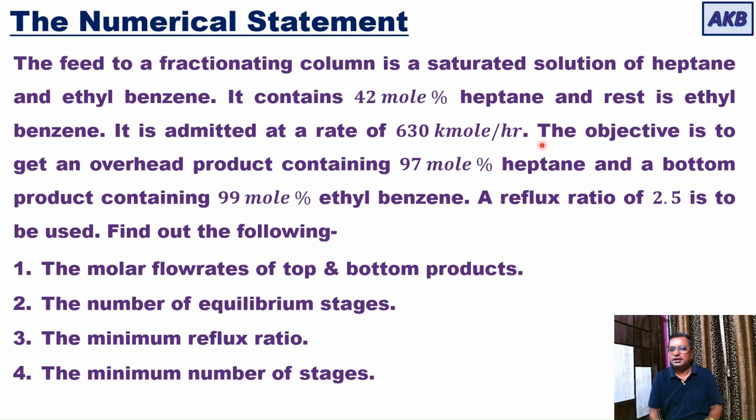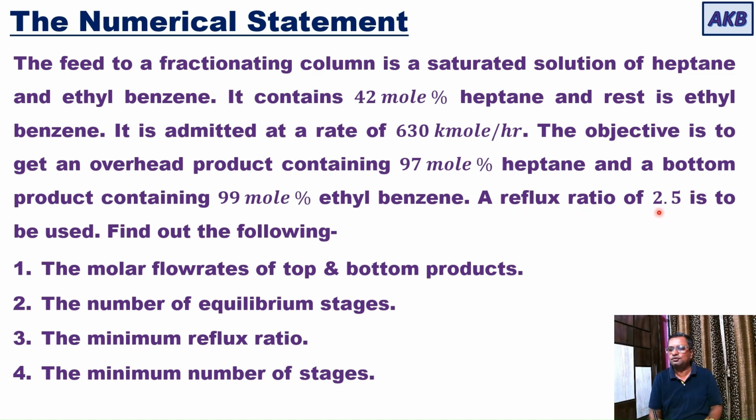And the objective is to get an overhead product containing 97 mole percent heptane. That means the composition of the overhead product, or the distillate, is given to us. And a bottom product containing 99 mole percent ethyl benzene. The composition of the bottom product is also given to us. The reflux ratio that is to be used is given.